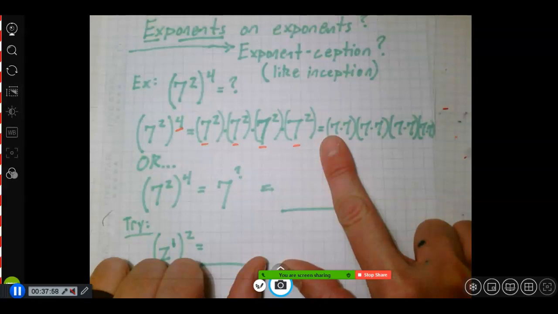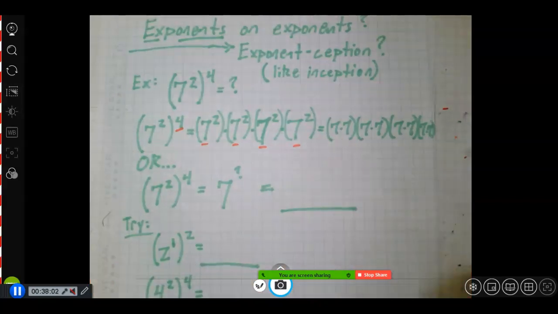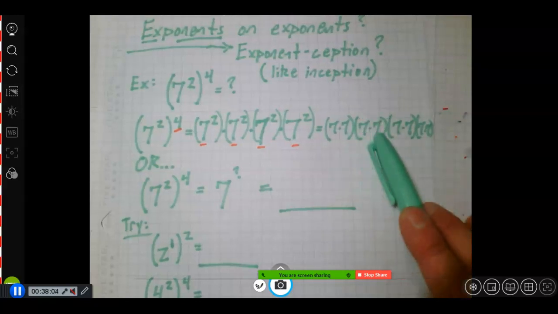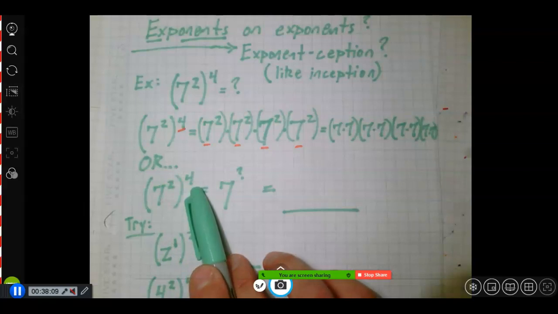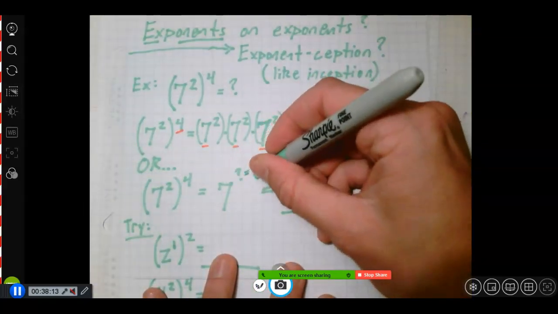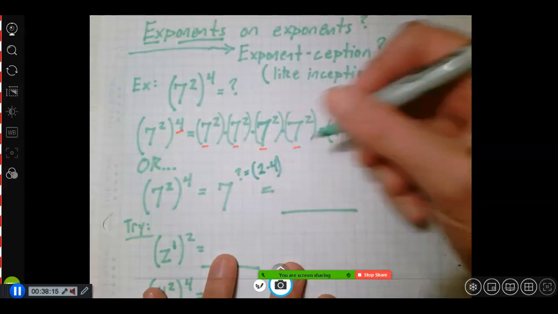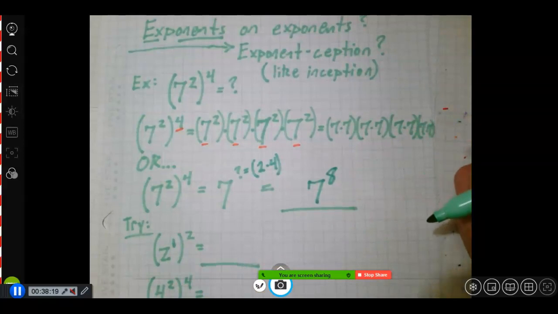So what we can really say is instead of writing out all of this nonsense, 7 to the 2nd to the 4th is 7 to the 2nd times 4, or just 7 to the 8th.